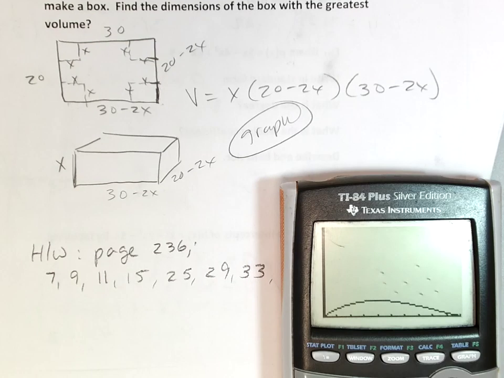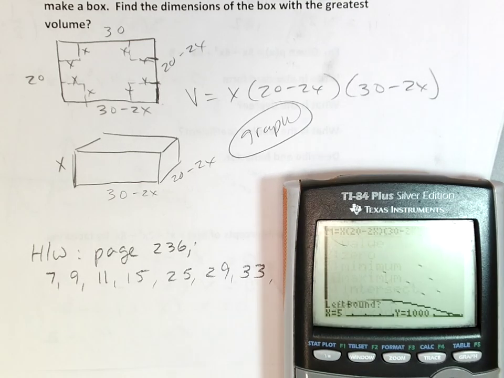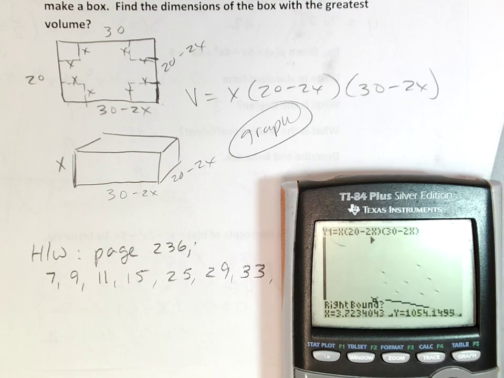And I'm looking for the max, right? The max is there. So I can calculate my maximum. I'm going to go over, left bound. The calculator just needs to know where to look, because some of these things can roll like this, and I might have lots of different maxes. You just have to tell it where to look. Enter max. If you had Desmos, we'd just find a point, right?